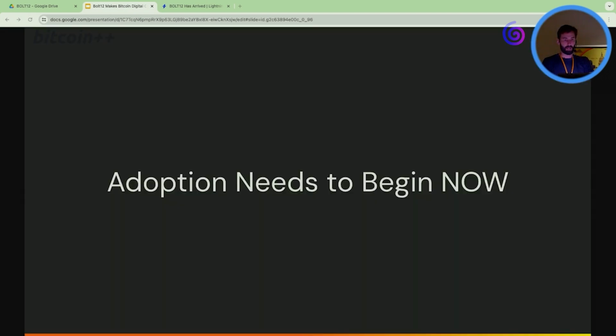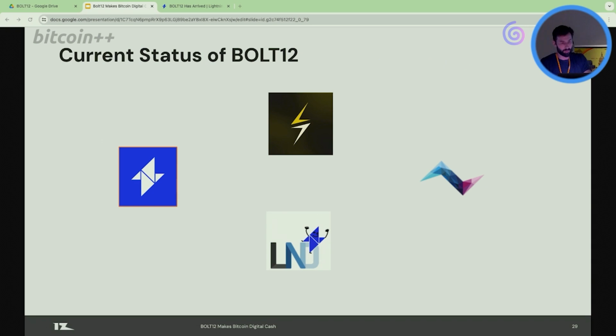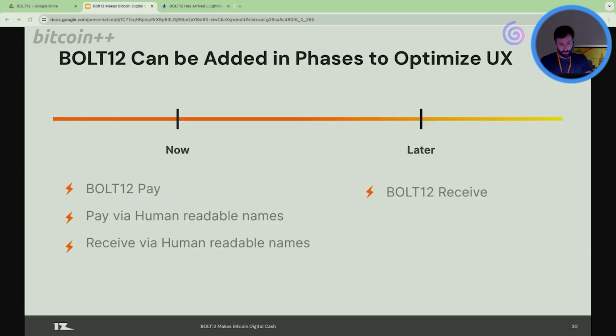All right. So adoption hopefully could begin now. I guess I don't have much time to go through this, but I want to jump to this slide. Ideally, you just implement BOLT12, both paying and receiving. But if you could at least pay BOLT12 first, that would be ideal, or at least second best. And then the same with human readable names for this upgrade path.